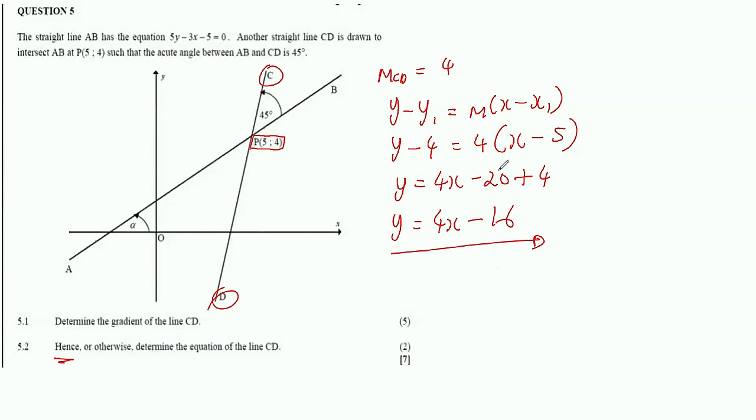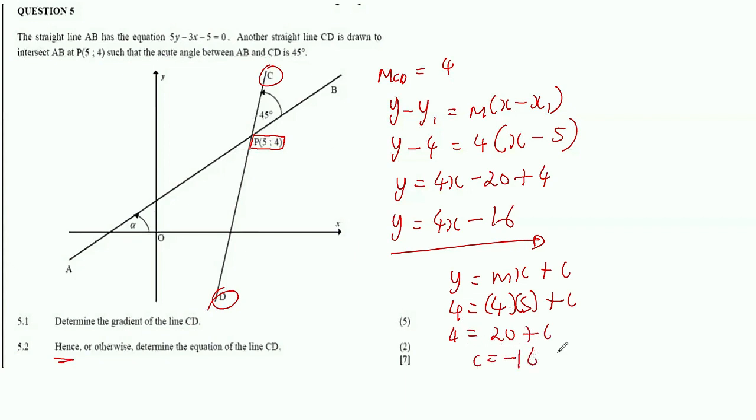Remember, again, I stated that if you prefer this one, then you can even go for that formula there, where you just say 4 here, and then your gradient again is 4, but then your x coordinate is 5. So that means you first find the coordinate of C. So that's 4 = 20 + C. So your C has to be 4 - 20, that's negative 16.